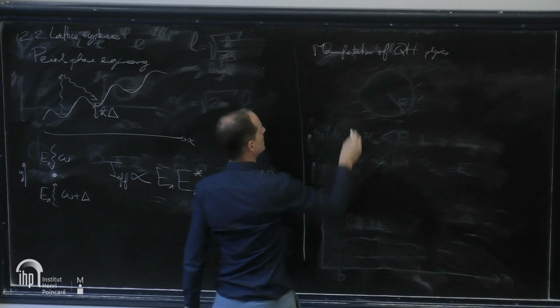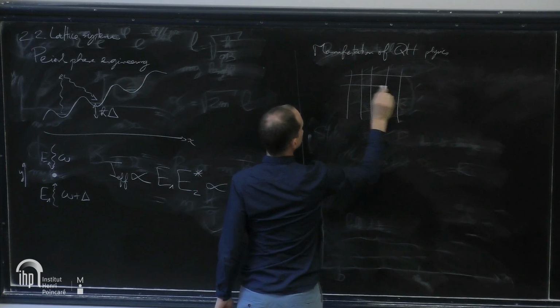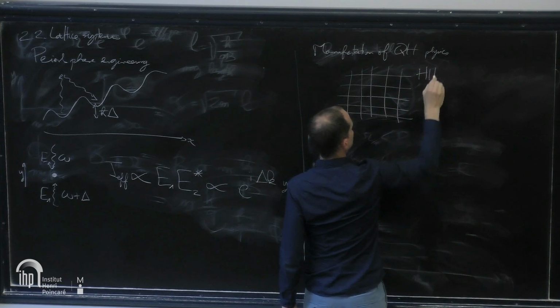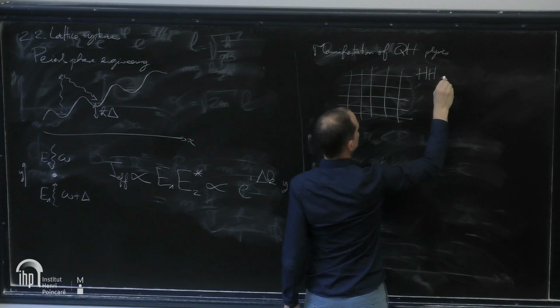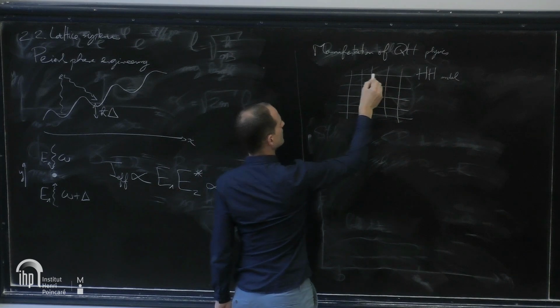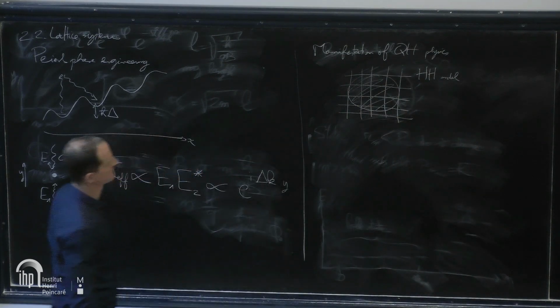One experiment that was done in the Munich group is where they implemented the Harper-Hofstadter model, and they loaded a large number of bosons in it. So I sketch roughly the system like this.